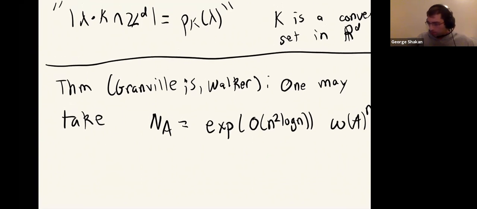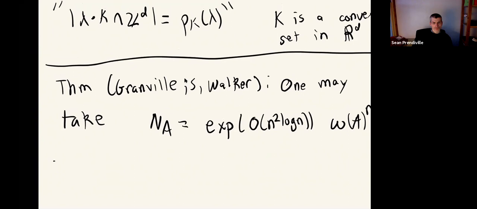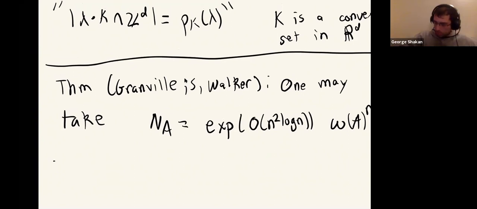I have in my notes that this is n squared, but I think we had proved it. But anyways, I should mention what W of A is.